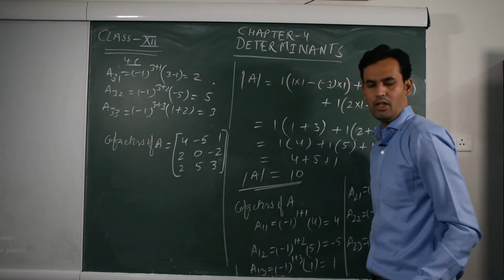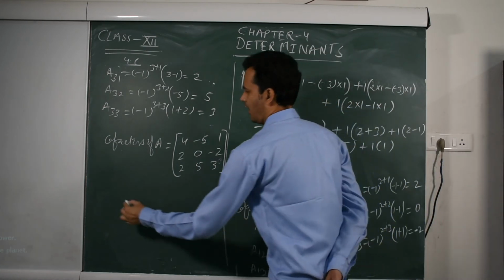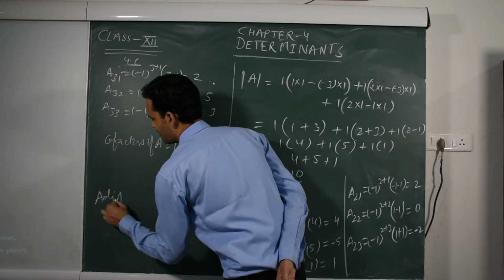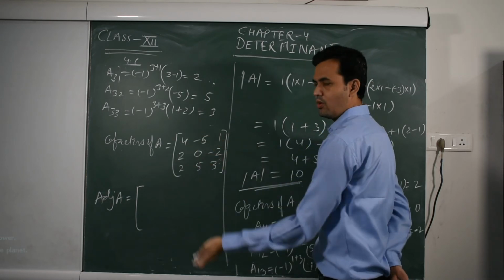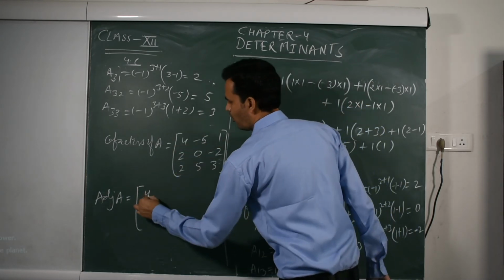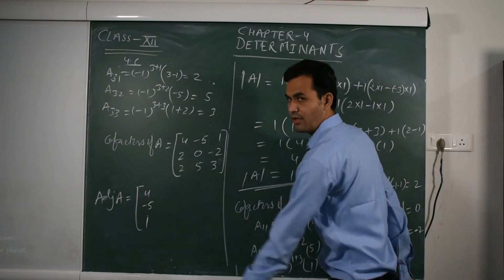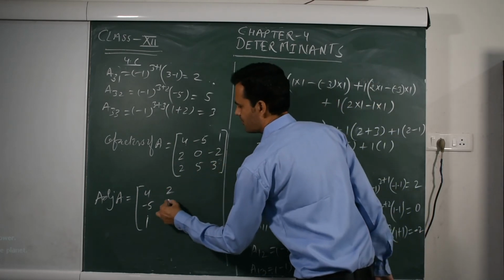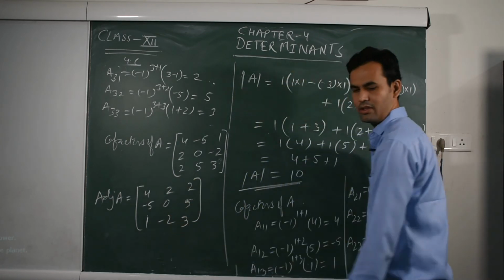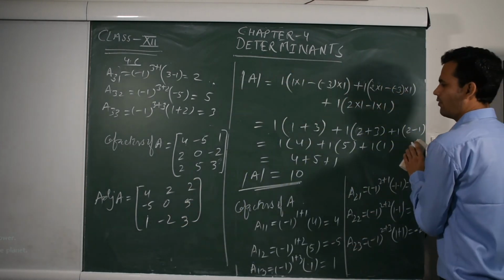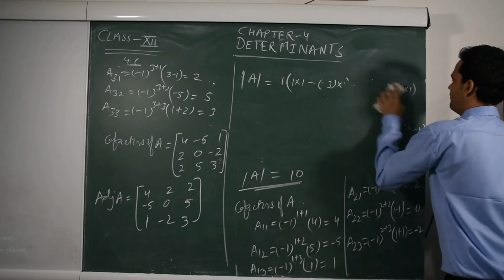These are the 9 cofactors. After that we find adjoint A. Adjoint means rows change into columns. So 4 minus 5 1, the first row changes into the first column, the second row into the second column, and the third row into the third column. So this is called adjoint A. Now we find the inverse of A.